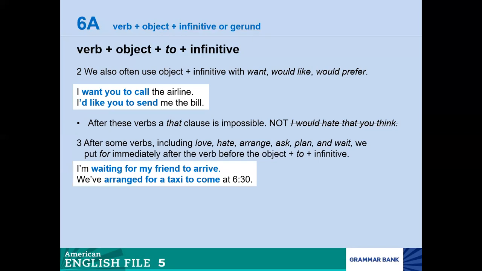We have arranged for a taxi to come at 6:30, right? Let's repeat the examples. I am waiting for my friend to arrive. We have arranged for a taxi to come. For, and immediately we have the object. Let me use a color here so we can highlight that part.